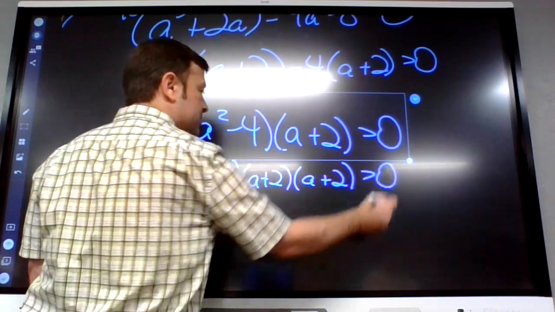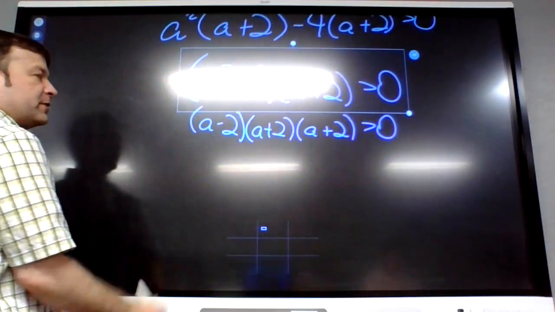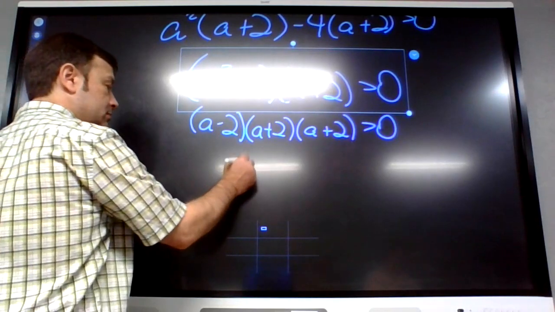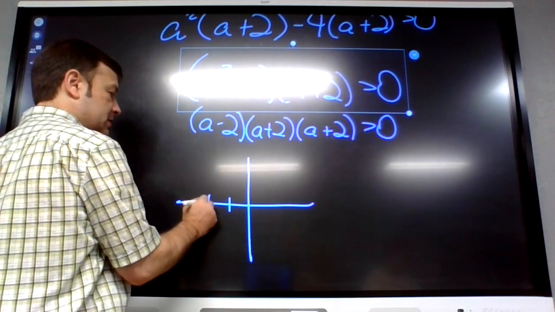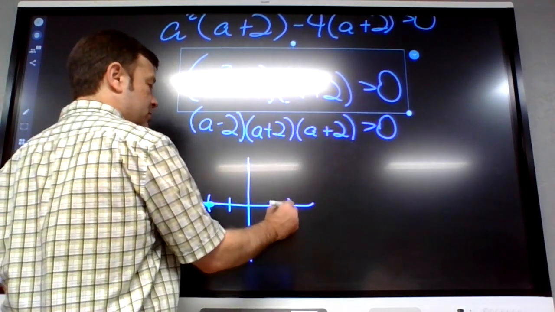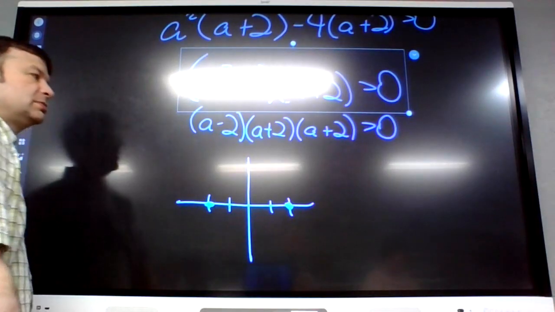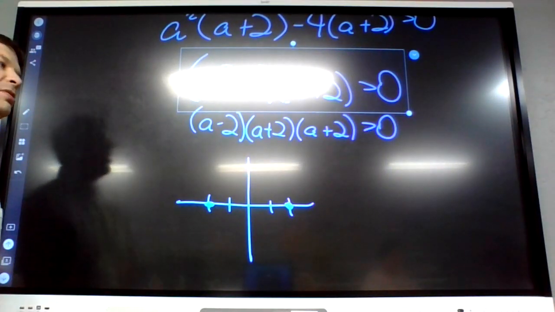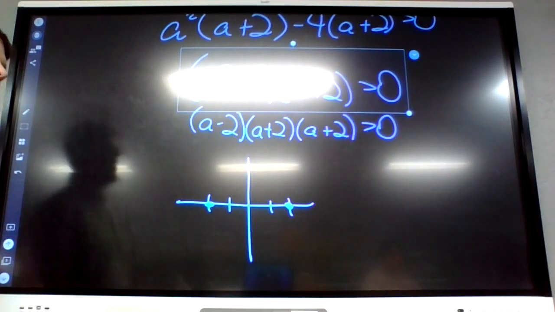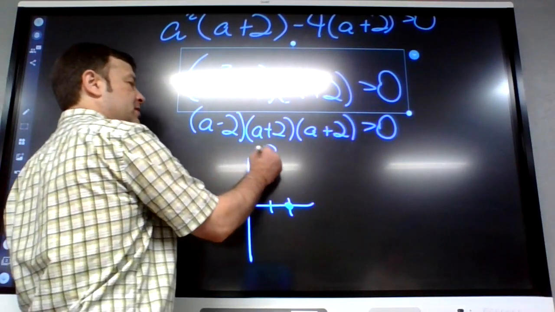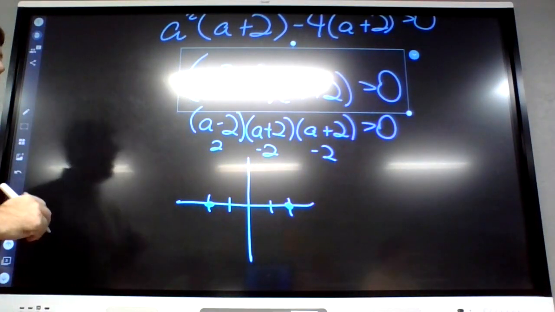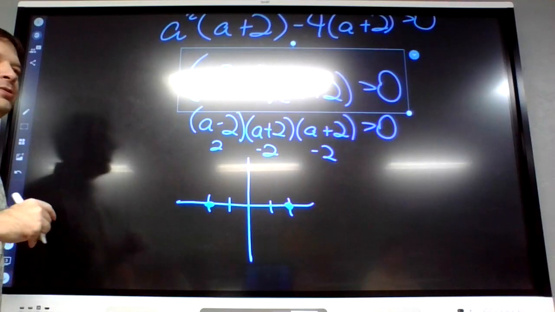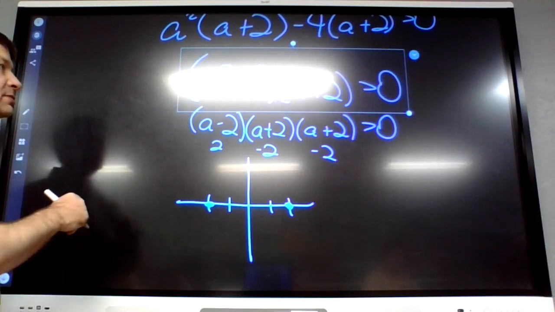Okay. So what are the roots for the function? -2 and 2. But -2 is a double root, which means it's going to bounce right there. What shape does a to the third take when we graph it?